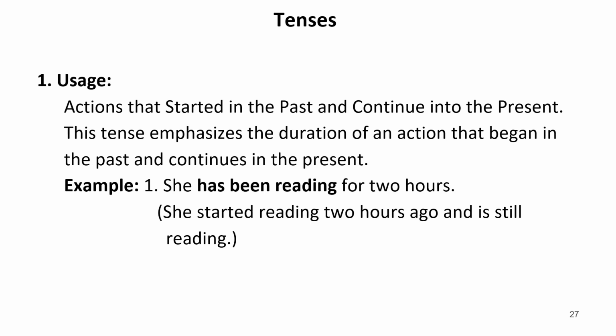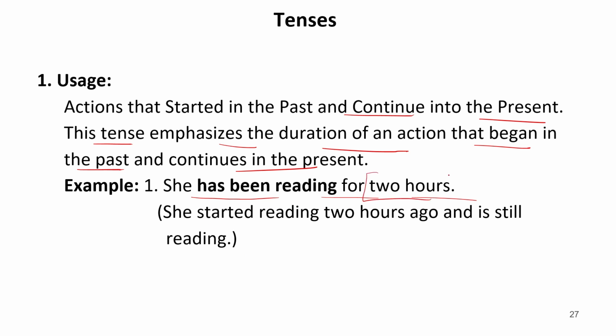This tense emphasizes the duration of an action that began in the past and continues in the present. For example, she has been reading for 2 hours. It means she started reading 2 hours ago and she is still reading. So these types of sentences can be written in present perfect continuous tense.